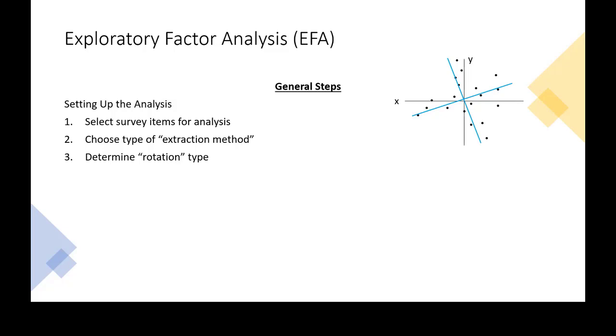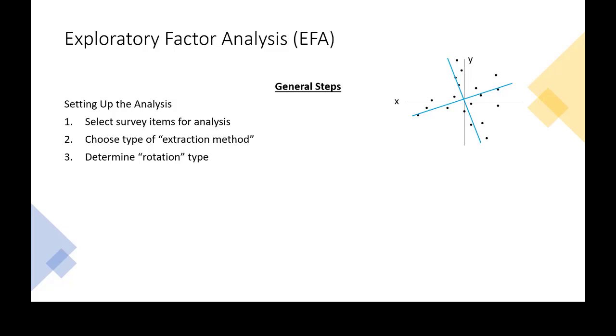You're basically adjusting how much weight you give to each item on each specific factor in order to make it more interpretable. Essentially, you can also use rotation to tell the statistical software how correlated or uncorrelated you would like your factors to be.